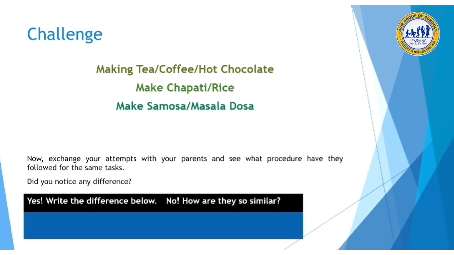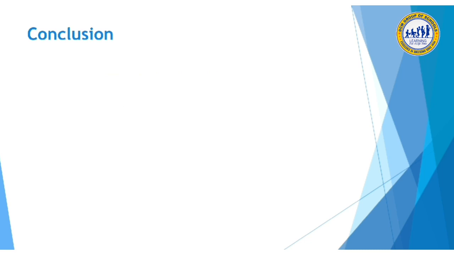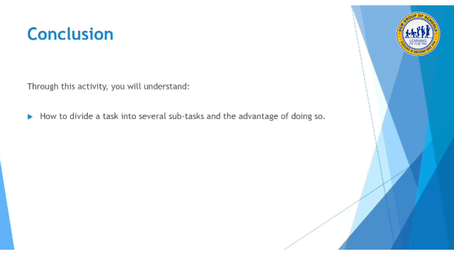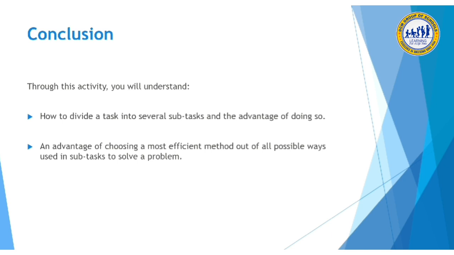Did you find any difference? If yes, write them. If not, write how they are similar. From this activity, you will be able to learn how to divide the task into several subtasks. Also, you will be able to choose the most efficient method out of the different ways to solve any problem.